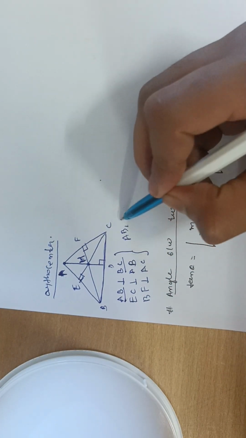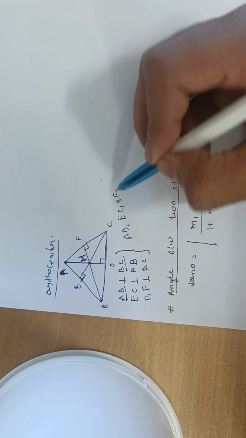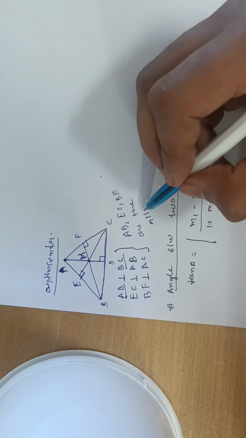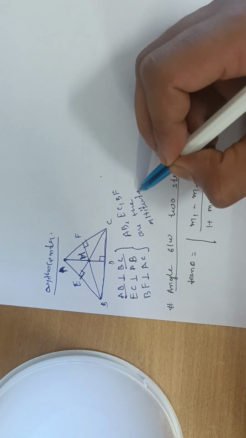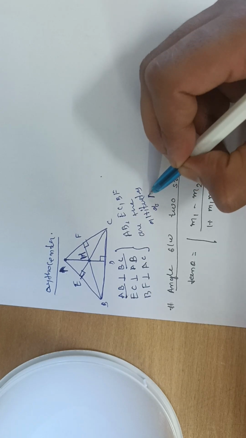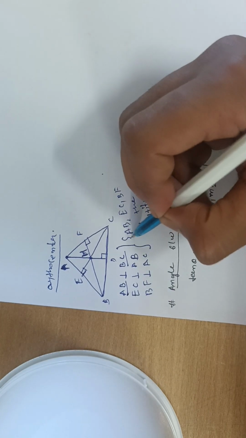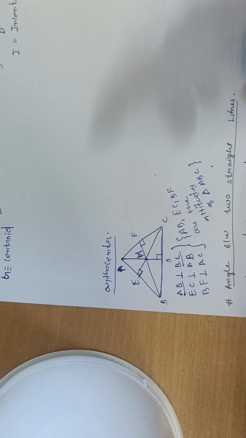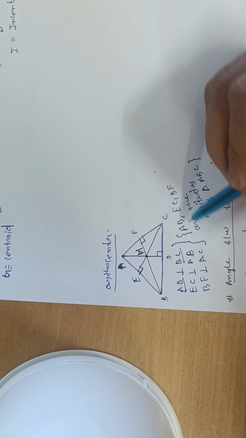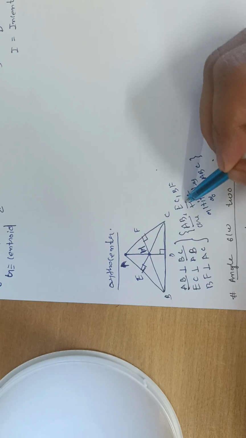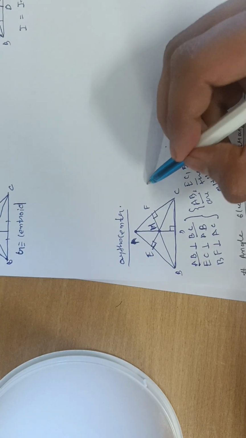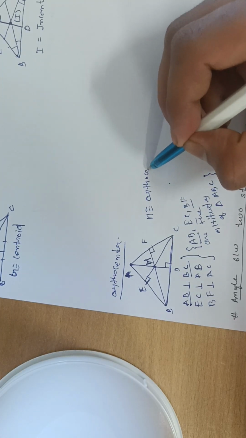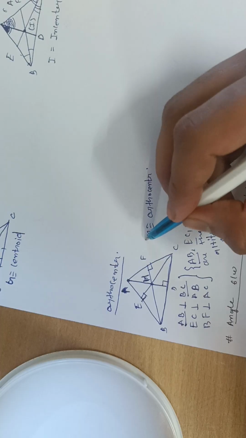AD, EC and BF are the altitudes of triangle ABC, and the point of intersection of all these altitudes, meaning the point of intersection of AD, EC and BF, gives us the orthocenter. H is basically the orthocenter.